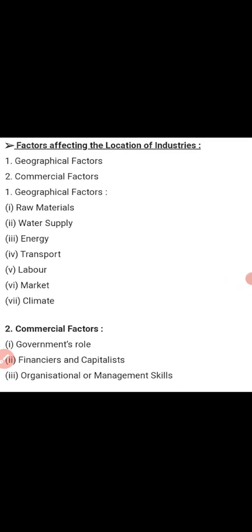Any industry to be set up, since it's a process of conversion of raw material to the processed goods, needs some or the other kind of raw material.